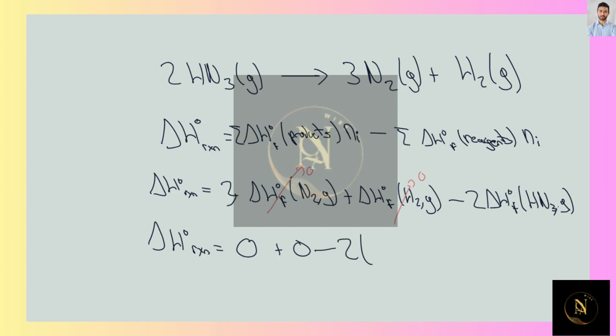So the delta H for this reaction is equal to 0 plus 0, because 3 times 0 is 0, plus 1 times 0 is equal to 0, minus 2 times the value for HN3, for the hydrazoic acid, which, as I mentioned, is 261.7 kilojoules per mole.